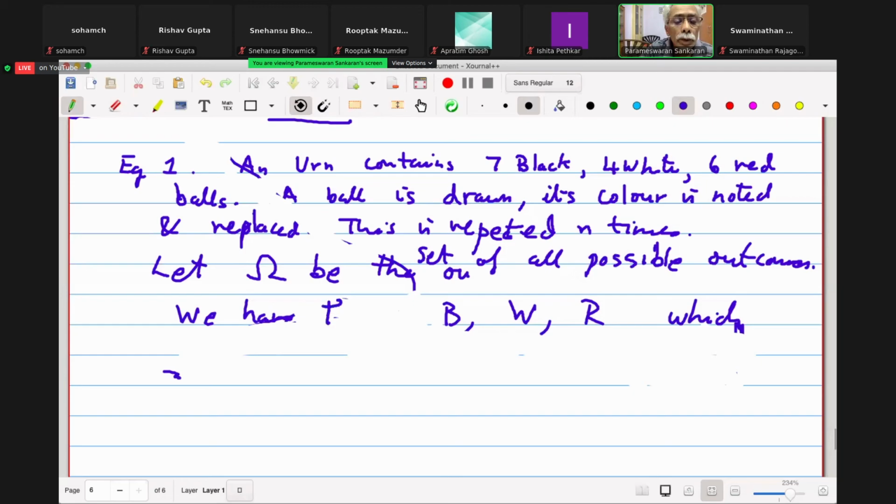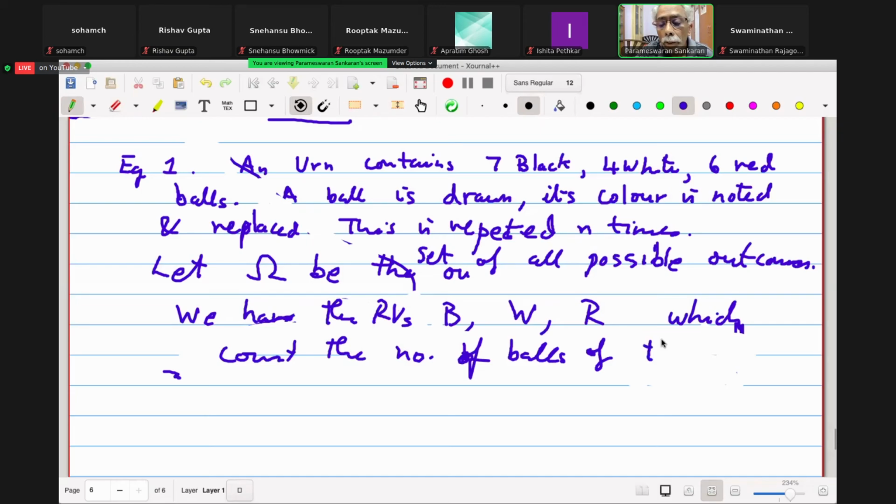We have the random variables B, W, R, which count the number of balls of the corresponding color.